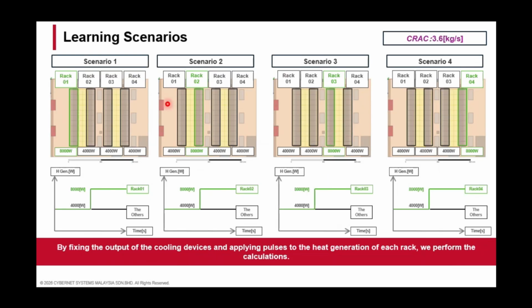Scenario-wise, if I'm running the C rack at 3.6, then in scenario one, all of them are initially running at 4,000 watts, and then suddenly, across a certain time, you do more intense work, for example on server rack one, so the heat generation goes up.